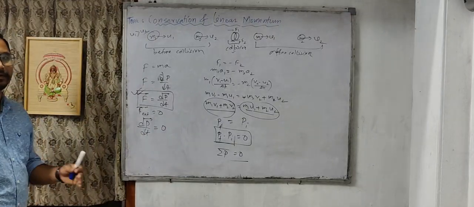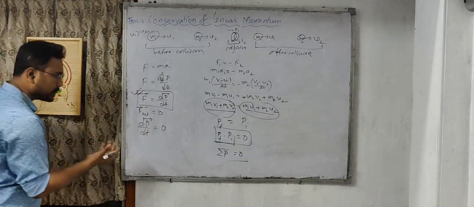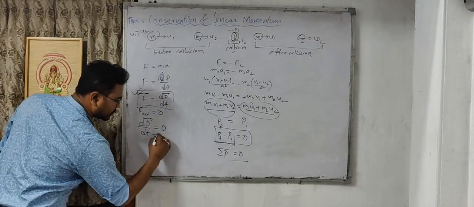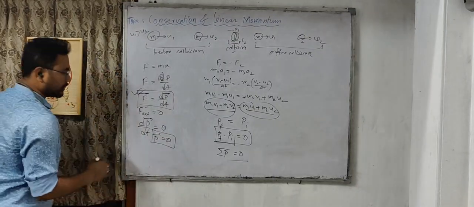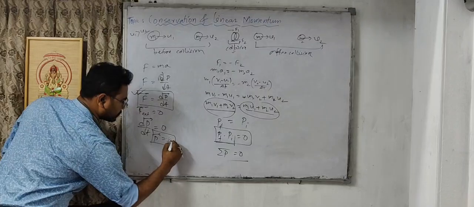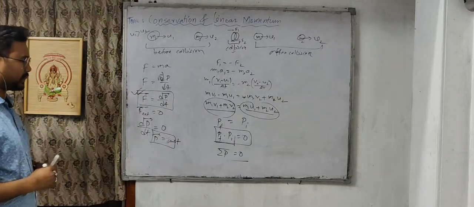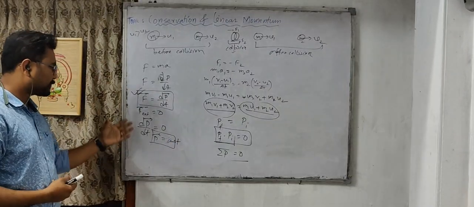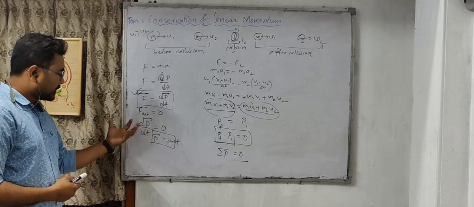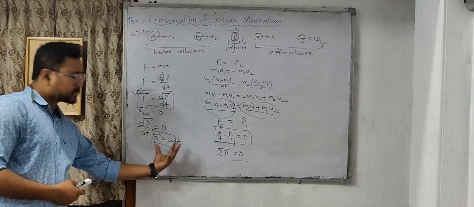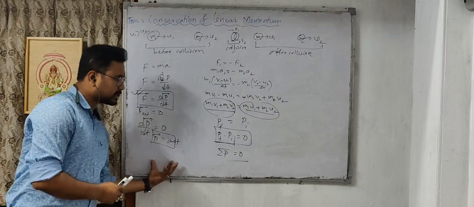Now when is the derivative of any quantity 0? When the quantity itself is a constant. So here P equals constant. You can clearly see in calculus form also that the total momentum P is constant. That is constant. What does it mean?